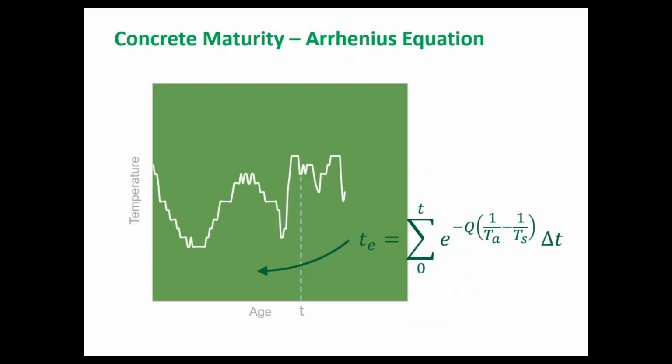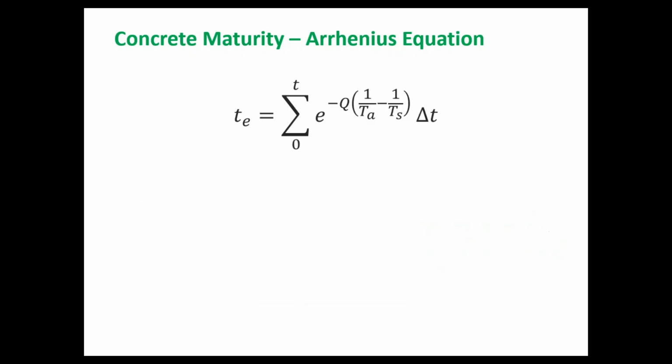So the second equation is our Arrhenius equation. It's a bit more complicated. We basically take the temperature profile, but we have other parameters that are used in the calculation of the maturity index, simply referred to as the equivalent time in this equation.